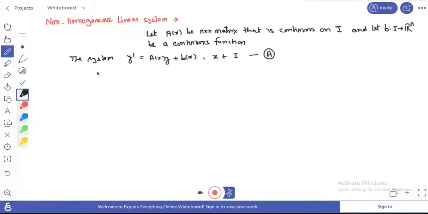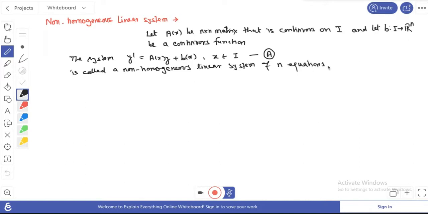The system is called a non-homogeneous linear system of n equations.